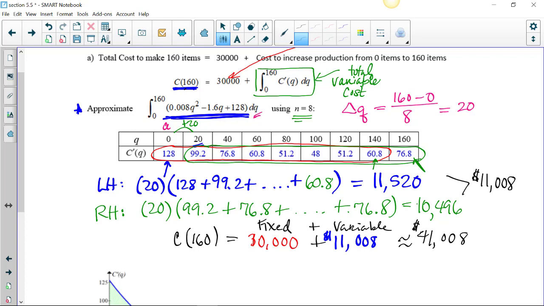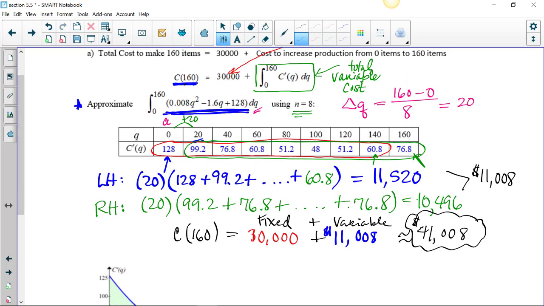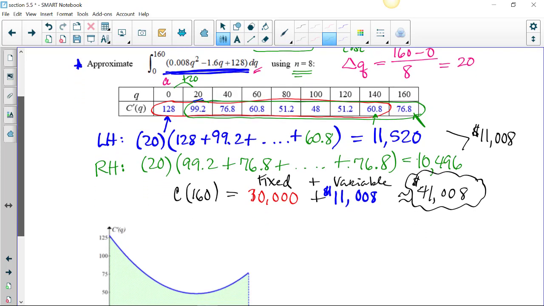Okay. Now, if I would have had the graph of the marginal cost function, I could have approximated the areas under the graph. Or we could draw a graph with these points, put these points on our marginal cost graph and approximate it that way, but that's extra work.